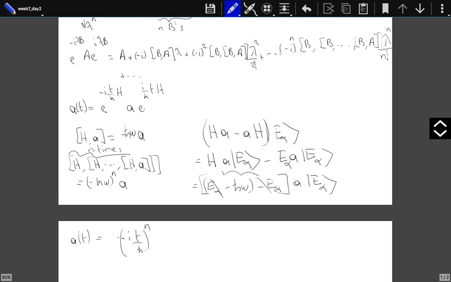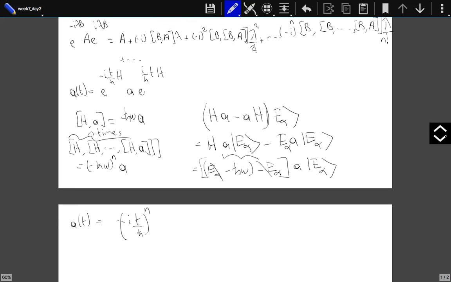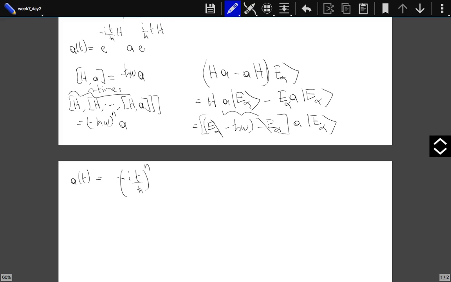Remember, if you look at our Baker-Hausdorff formula, the nth term has a minus i lambda to the power n. And each term has minus h bar omega to the n because of those n commutators, times A, summed over n from 0 to infinity.